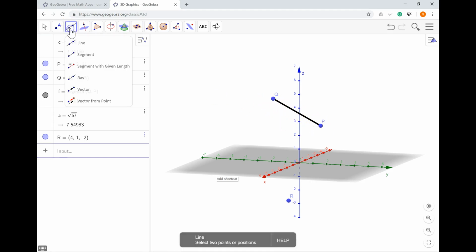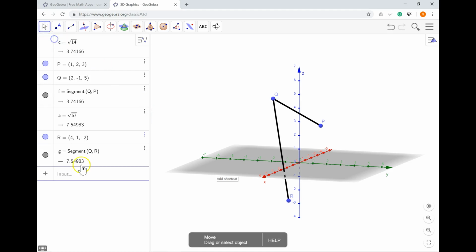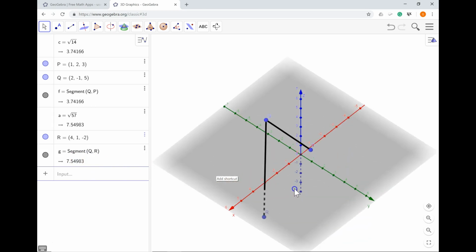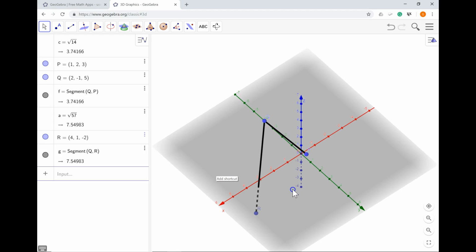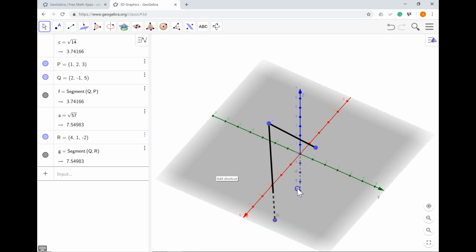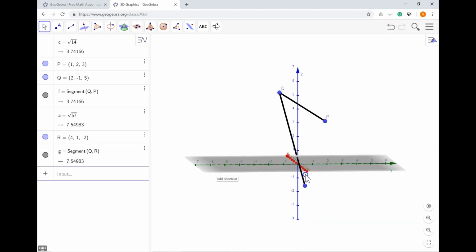So I'm going to again go over here and select segment, select the point Q, and then select the point R. And it gives me that the length of the segment is about 7.55. So same as what we got before. It's kind of cool. It does dotted when it's like the floor XY plane is taking shadow over it. And then you can kind of see, yeah.